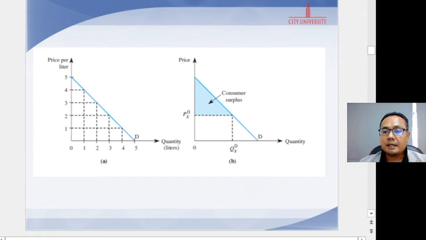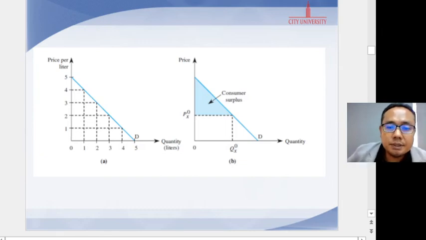So when we add up the surplus received on each unit between 0 and Q0, this sum equals the shaded region. So we obtain the consumer surplus associated with purchasing a quantity of Q0 units at a price of P0 each.